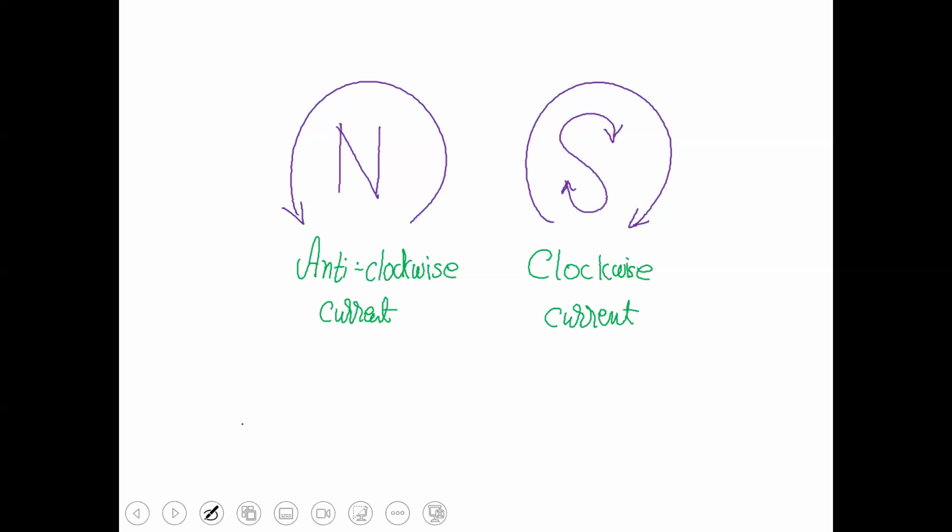Polarity means north pole, south pole. Okay, now you have to copy this.